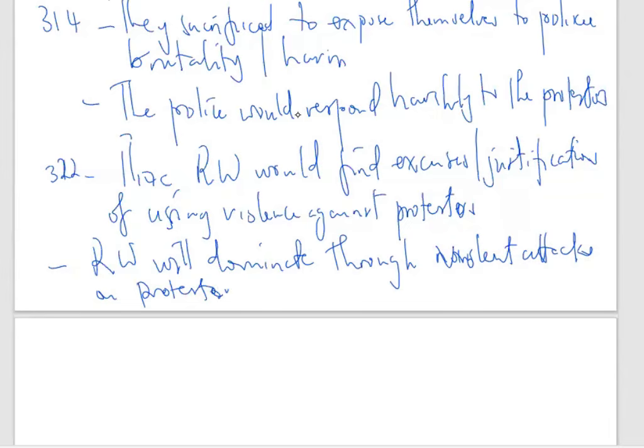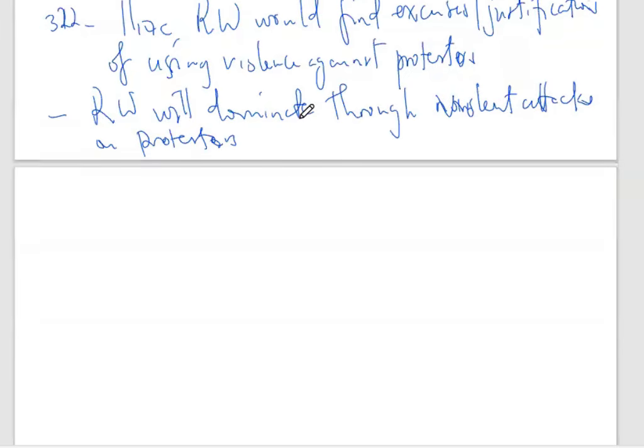So they will apparently gain the upper hand. They will dominate because already they have the means to use violence on those protesters, which implies that if they continue rioting, it will also give power to the right wing to be successful in their means to use violence.